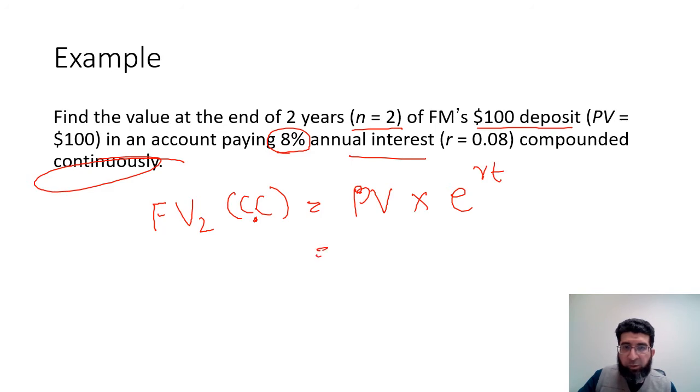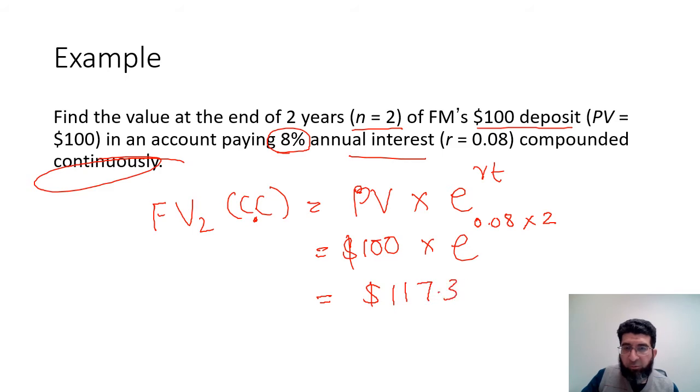Substituting for present value and then for r and t, we get $100 times e raised to the power r, which is 0.08, multiplied by t, which is 2 years. That comes out to be $117.35. So if continuously compounded for 2 years, you will receive $117.35.